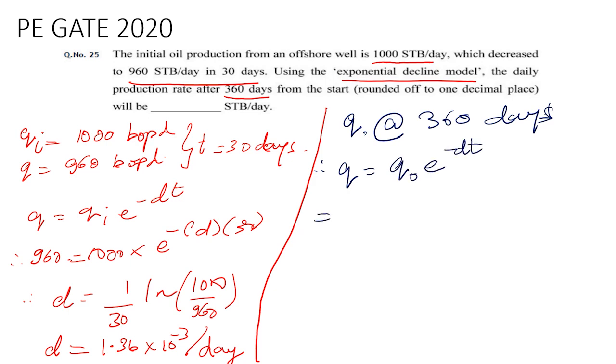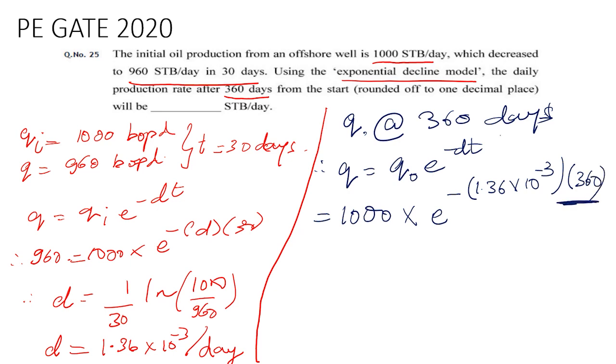Q naught we have, the initial one, 1000, into e to power minus 1.36 into 10 to power minus 3, the decline rate we found out, into the time 360, because we have to find what the oil rate will be at 360 days, so we put 360 over here.